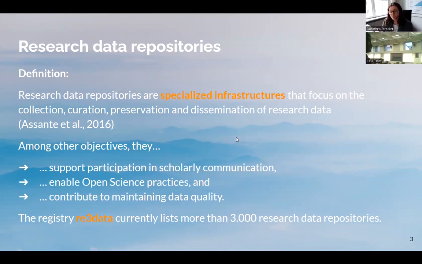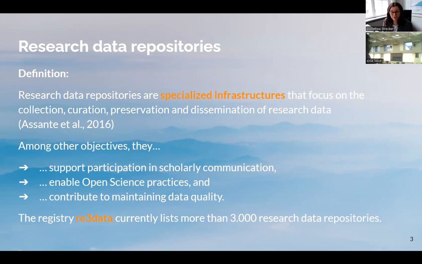Their specific objectives depend on the missions they have. They can look very differently depending on what main goals they want to achieve. But generally, they share some objectives. For example, that they support participation in scholarly communication. They enable open science practices like data publication, and they can contribute significantly to maintaining data quality. And I will give some examples of that later.